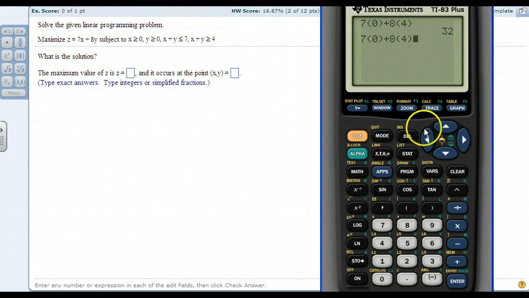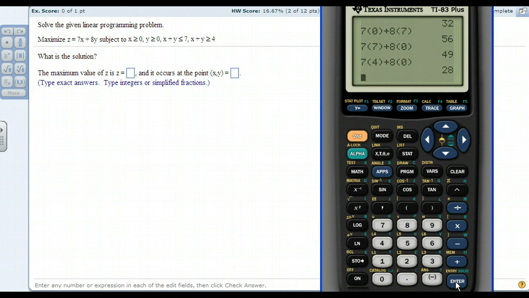Alright, 0, 7. And then switch the x's and the y's. 7, 0. Right, and then lastly 4, 0. So there's our 4 points that we got to check out.